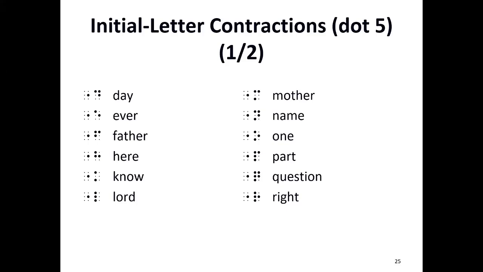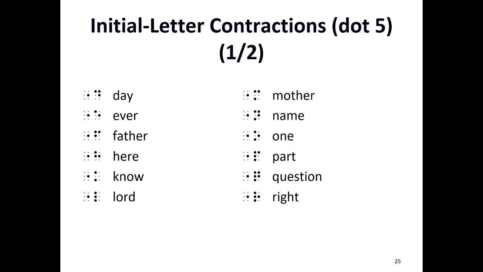So for the first one, for example, the word day, that's a D there, and we put a .5, the middle dot on the right side of the cell before it, before the D, and now it stands for not the word do, as it did in alphabetic word signs, it stands for the word day.